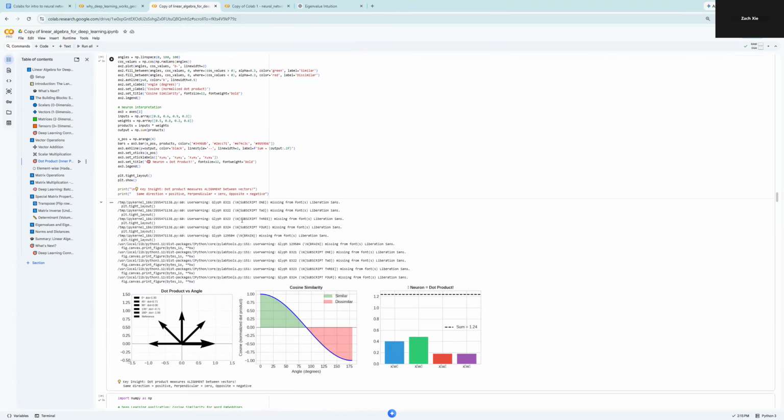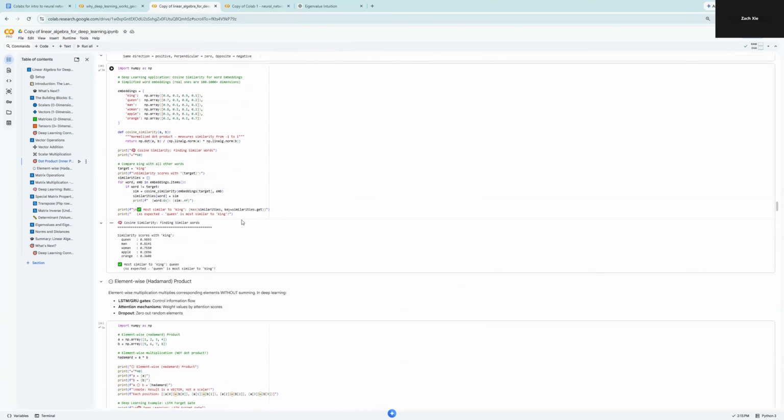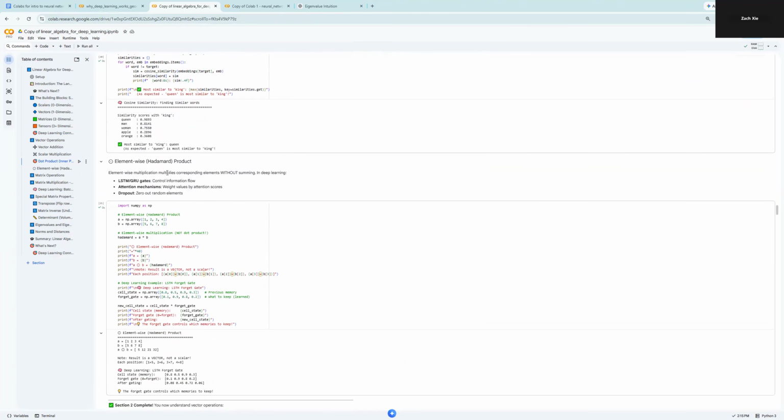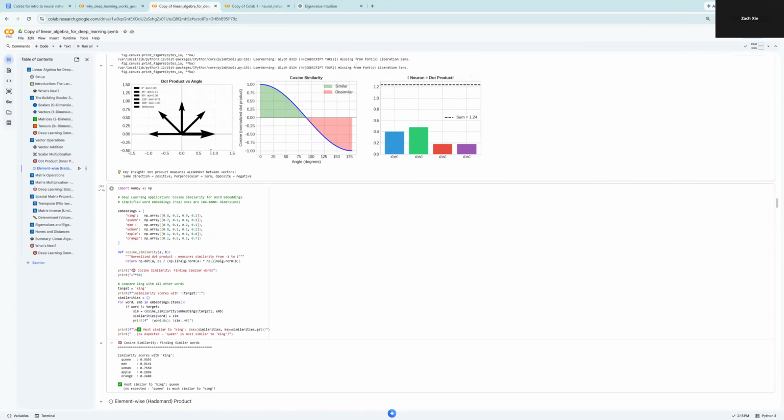Another thing is, okay, so here we have the element-wise product, and I used this operator. I was wondering, what's the point of doing element-wise product, compared with dot product? Dot product makes a whole lot of sense. If you have two vectors, dot product really gives the similarity between these two vectors.